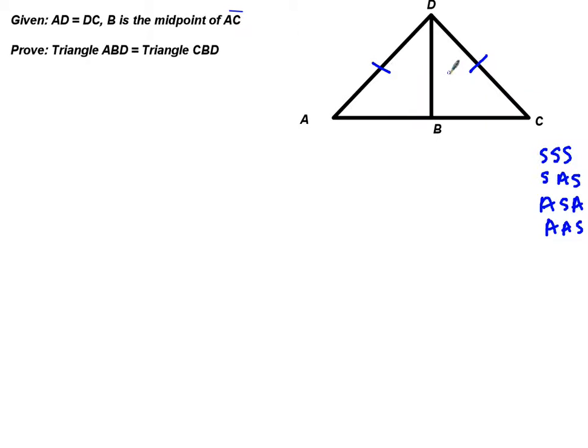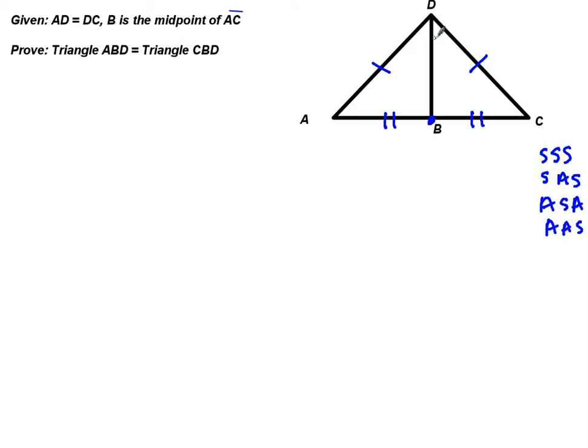When I look at this one, I'm told AD and DC are congruent. I'm also told that B is the midpoint of AC. Well, if B is the midpoint, that means that it would divide AC into two congruent parts. So I can prove AB and BC are congruent.